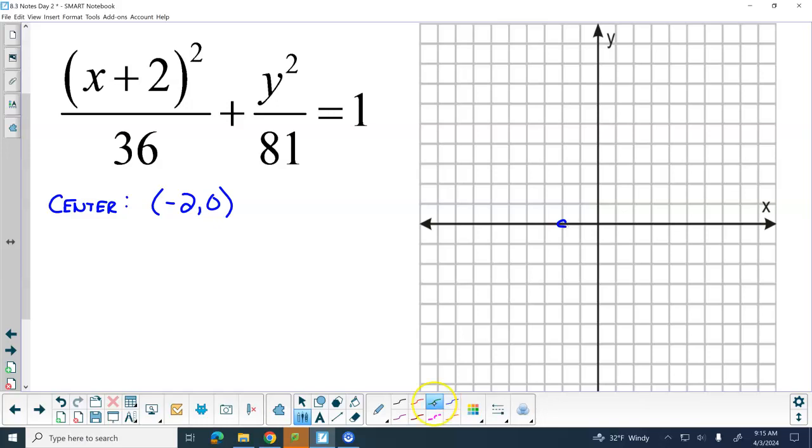Left and right, my a value, which is 6. So left and right 6 from there, because there's not 36 spots on this graph. Okay, so left and right 6: 2, 4, and 6.